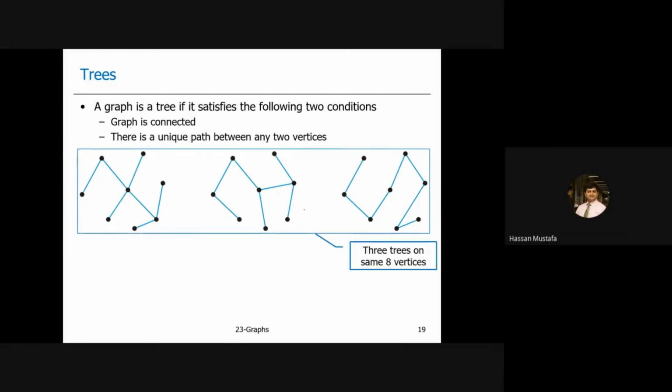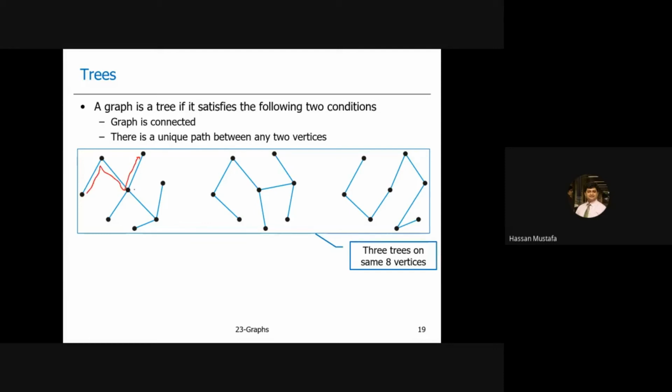So in these three graphs, we only have simple paths here. Starting from this node, if I want to reach this specific node, I can only take this one unique path to reach this destination.